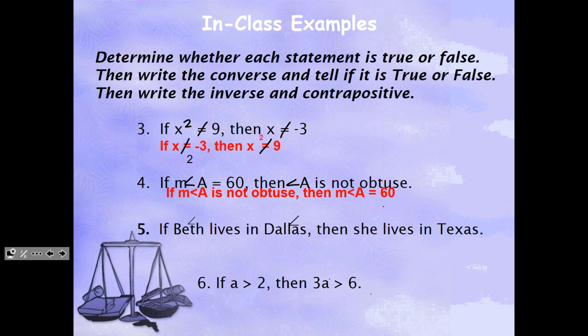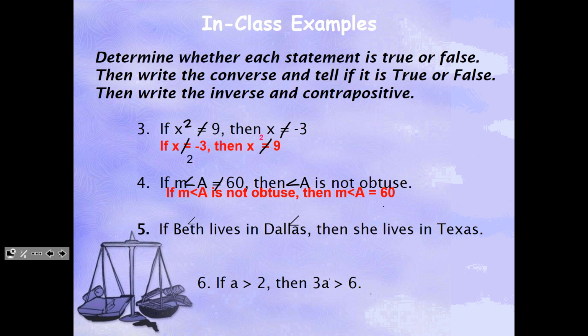So here, this would actually be, if the measure of angle A is not 60, then the measure of angle A is not obtuse. Well, two nots really would just turn it into a positive, right? Okay, and then for my measure of angle A is not obtuse, then the measure of angle A is equal to 60, we would add our nots into there as well, right? Okay.